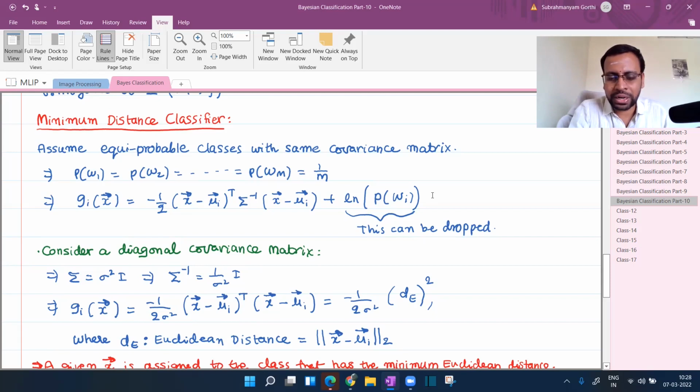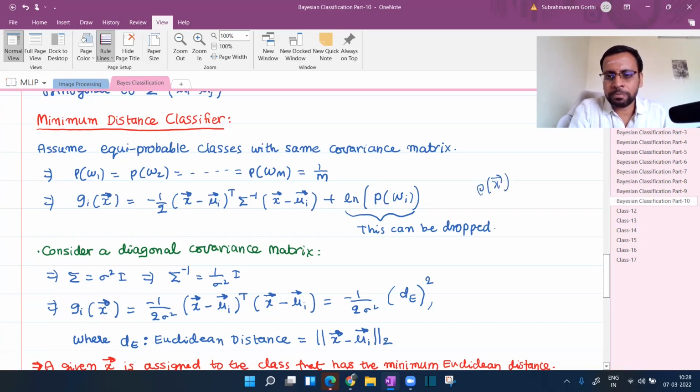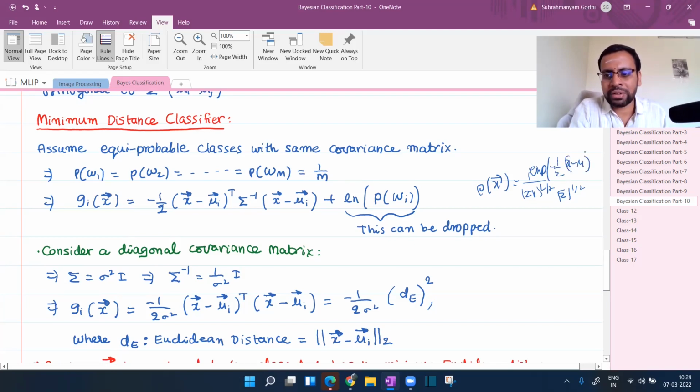If you have forgotten, I'll just remind you. Probability of x bar, you could have written like 1 by (2 pi) whole to the power of L by 2, into the determinant of sigma in the denominator, and in the numerator you have minus 1 by 2 into, I'll write first for a 1D case, (x minus mu) whole square by sigma square.